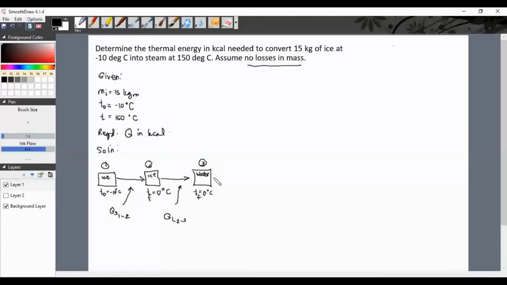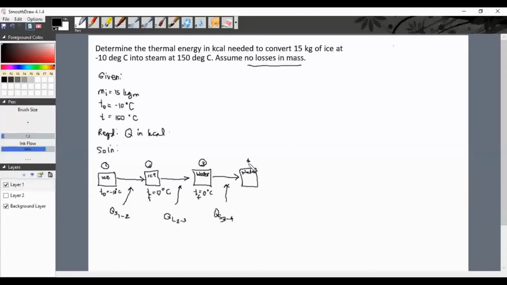Next. So, para tumaas ang temperature ni water, again, we need sensible heat. Let's say, sensible heat from 3 to 4, condition 4. Ito yung ating condition 4.